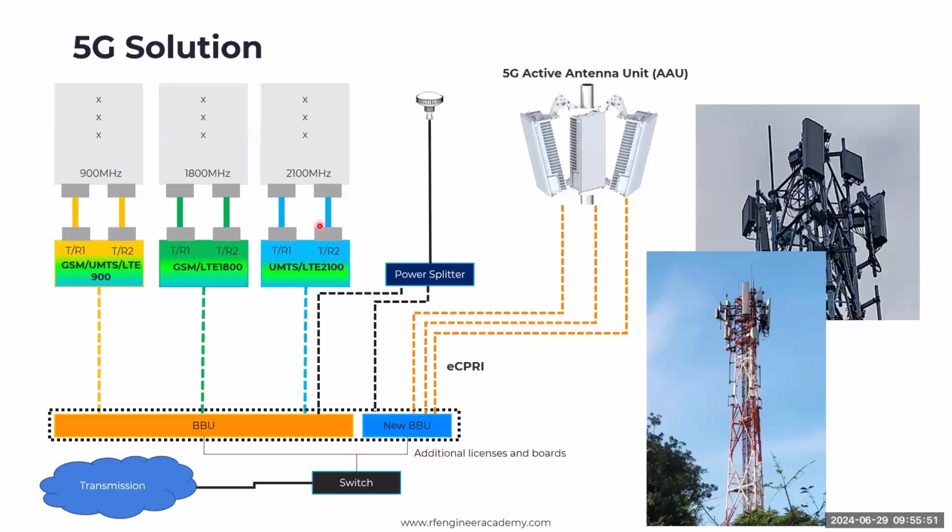Okay. Now, if you want to deploy 5G, particularly in the 3.5 gigahertz, you need to have another set of antennas like what you can see on the screen. What they currently call a 5G active antenna unit is an integrated antenna with an integrated radio on it. It's a massive MIMO antenna solution.